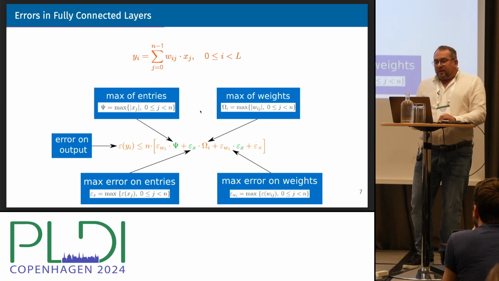And we can compute the error. We can bound the error on y in function of, I'm not going to detail this expression, the maximal value of the entries, the maximal value of the weights, and the maximal errors on the weights and on the entries. These are the four parameters of this equation.